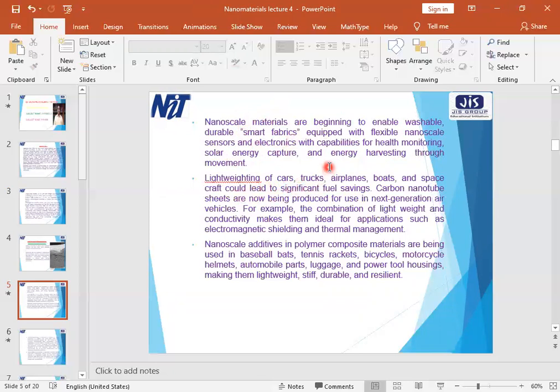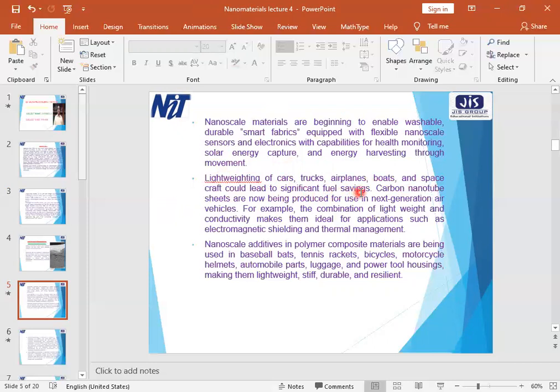Lightweighting of cars. We want cars to be lightweight, but in earlier days cars were heavy. Later on, with the use of plastics and polymers, their weight became less. But if nanomaterials can be used, then cars, trucks, aeroplanes, boats, and spacecraft could lead to significant fuel saving.